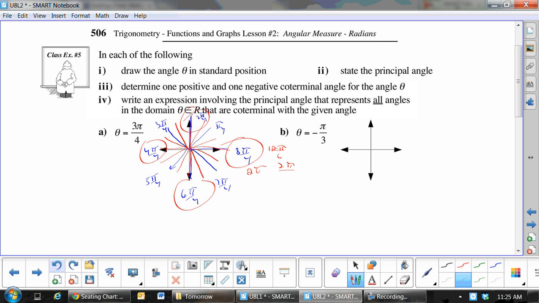But give me something on the unit circle that's over 3. Pi over 3 is 2 pi over 6, right? So if it's over 3, I make it over 6. If it's over 2, I make it over 4 or 6. Doesn't matter. And all the rest are over 4, so they're really easy. But you have to make sure you always count the X and Y axis when you count around.